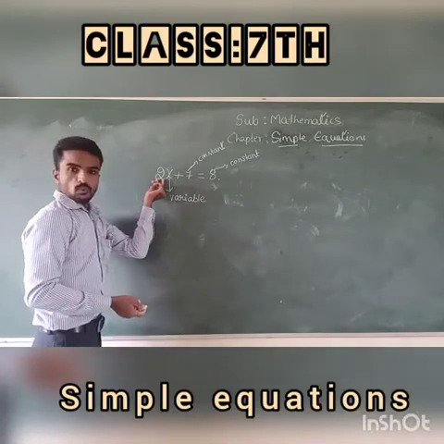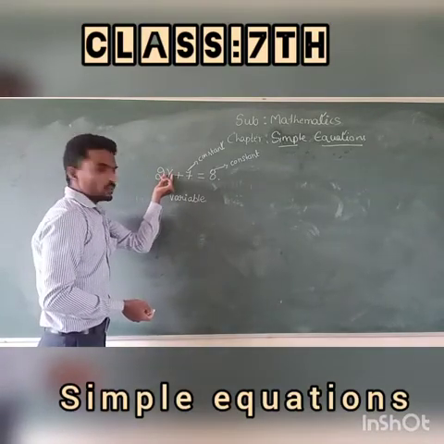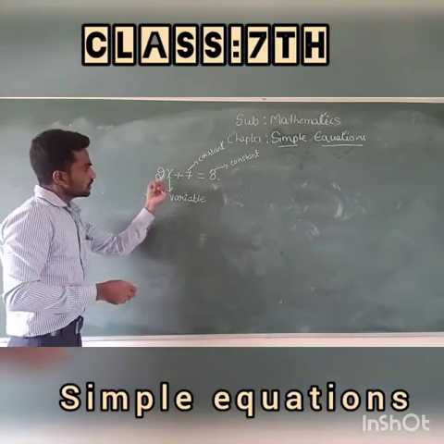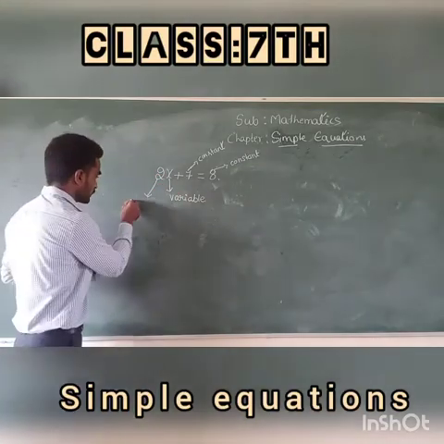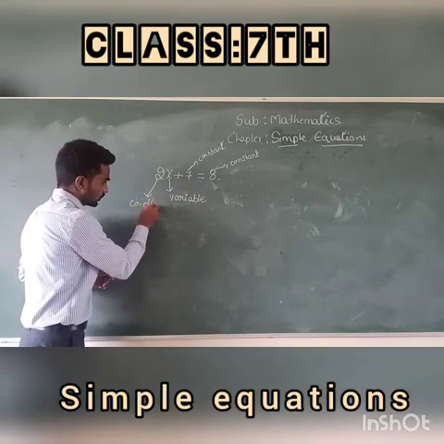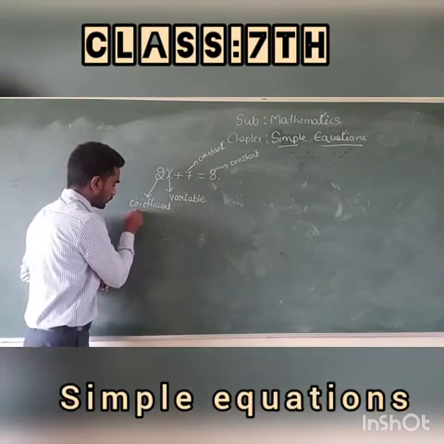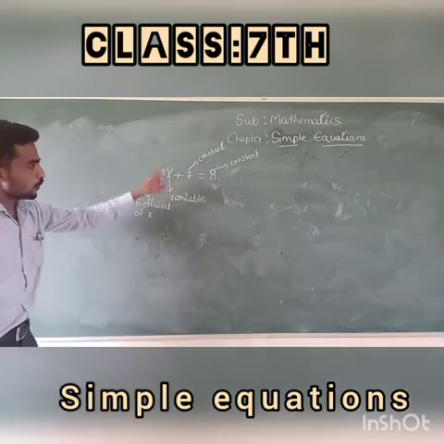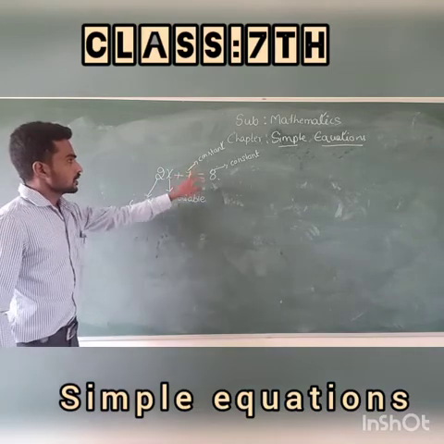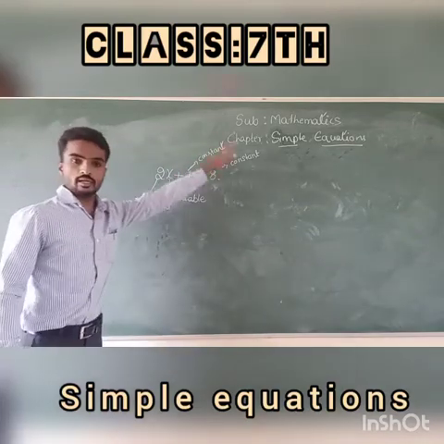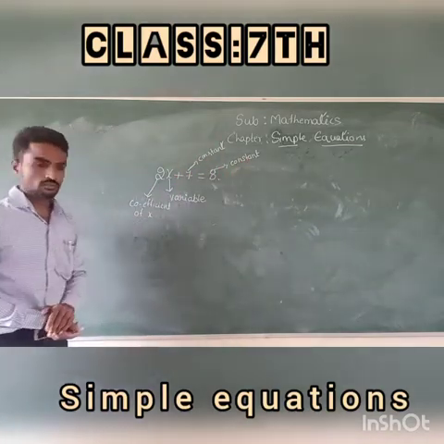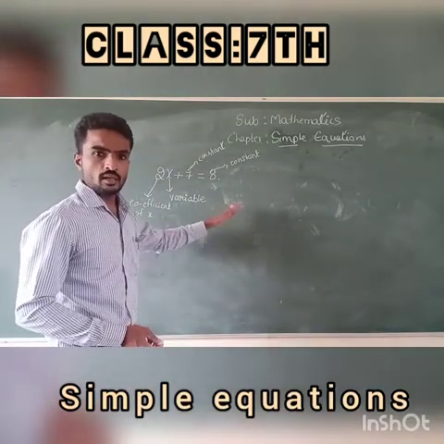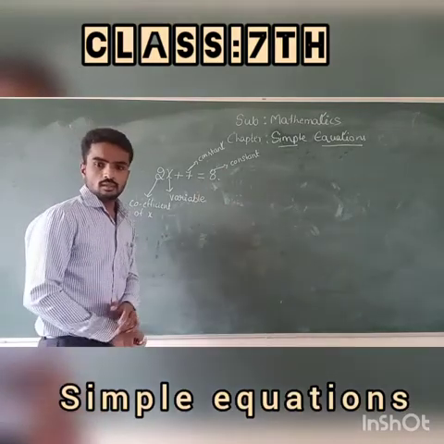This 2 is multiplied to this variable, and is called the coefficient of x. The coefficient of x is 2, the variable is x, 7 is a constant, and 8 is also a constant. This is the basic concept you already learnt in class 6th.